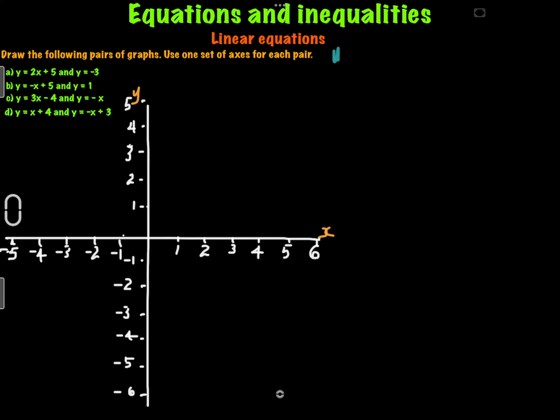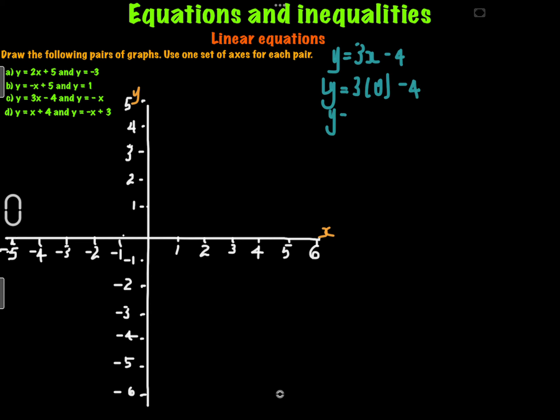So we have y equals 3x minus 4. In this case we want to make x 0 again. So we have 3 times 0 by substitution, because we want to find the y-intercept, minus 4.